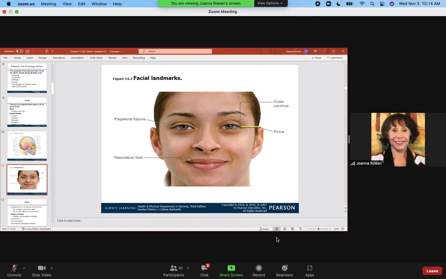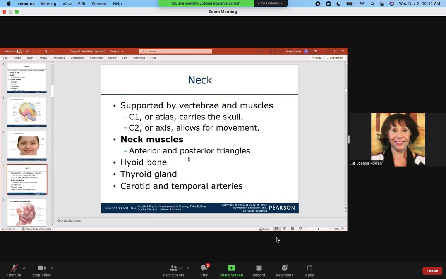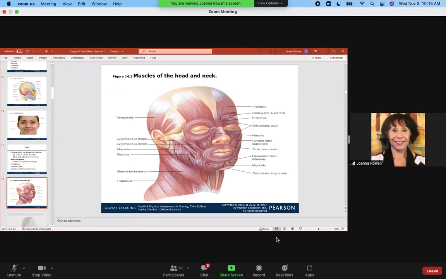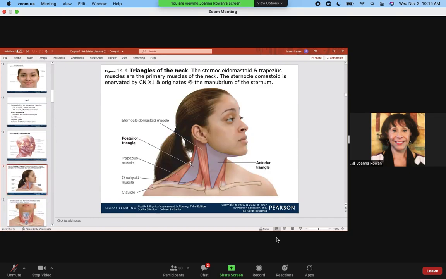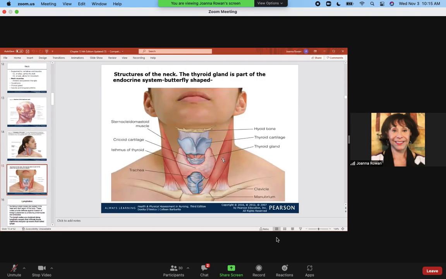And again, this belongs to the practicum. Again, for the practicum, know the triangles of the neck, and know the thyroid, but for the practicum.